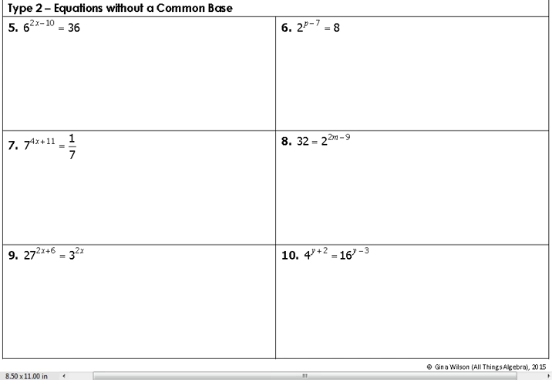Can we rewrite 36 using a power of 6? 6 squared is 36. So we rewrite 36 so that we've got base 6 on both sides, and we can set those exponents equal to each other.